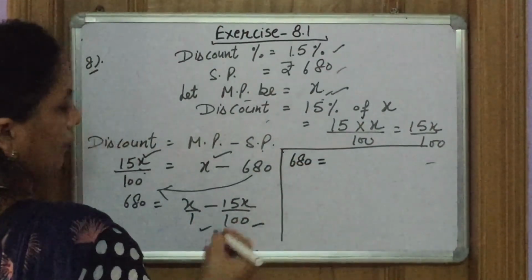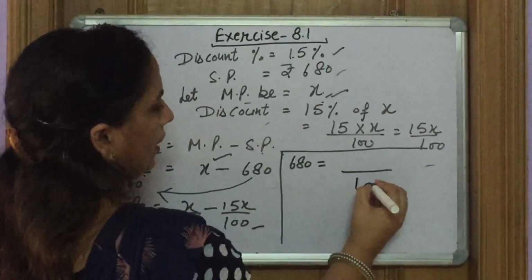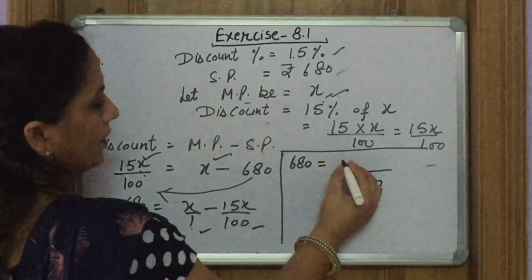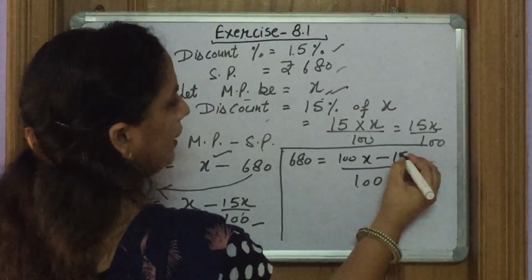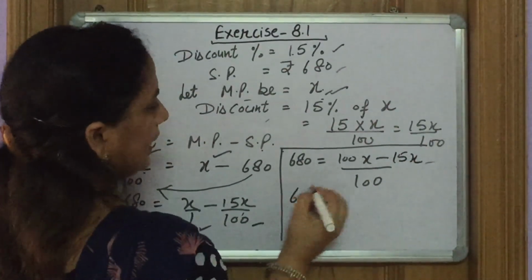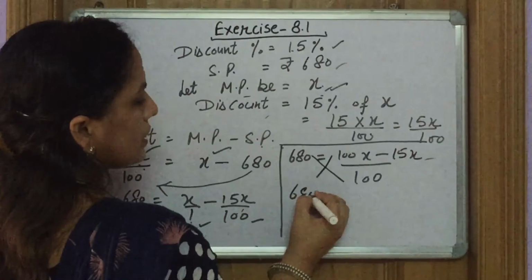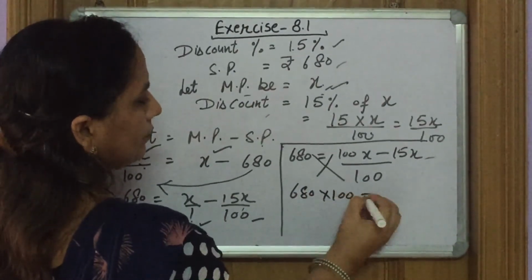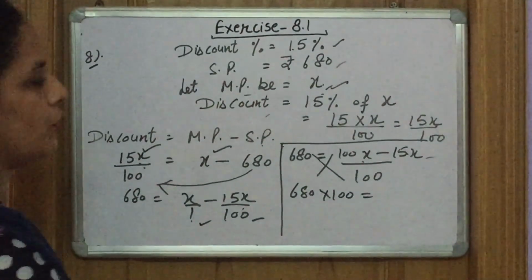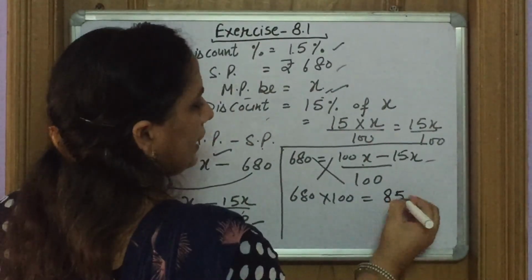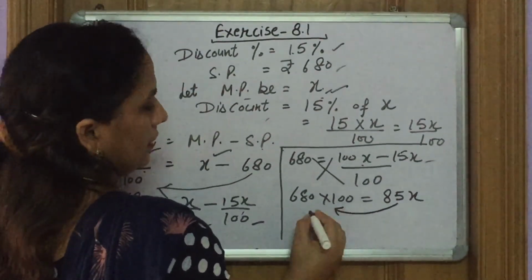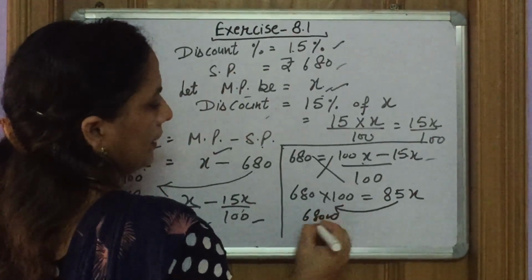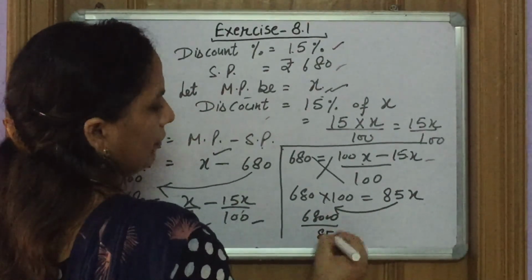So it will be equal to 680 when we take LCM, 100X minus 15X. After that we will do the cross multiply. We can subtract these two terms, then we will get 85X and 680 divided by 85.